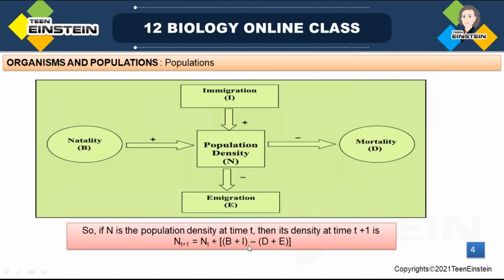So finally, this B plus I minus D plus E gives a number: the newly added individuals to that population. That we are adding to the population density of the previous time t. That gives the population density of t plus 1. Clear?